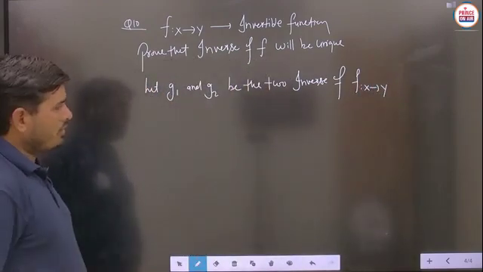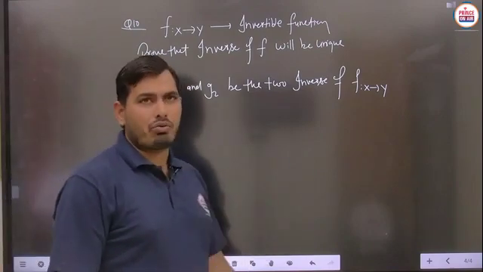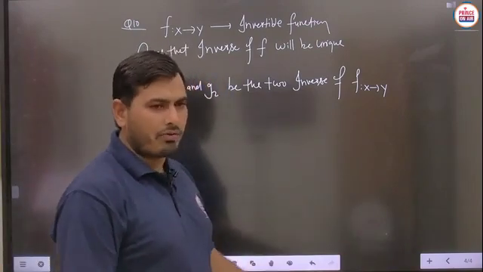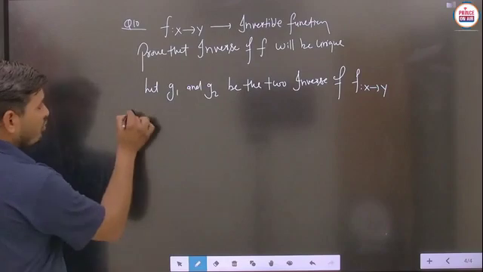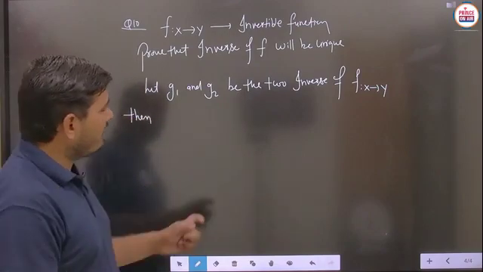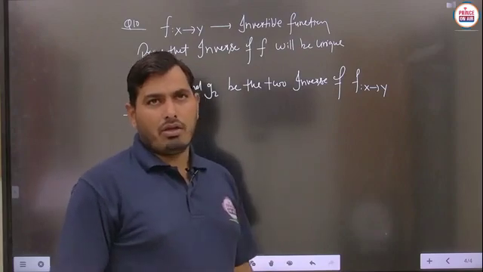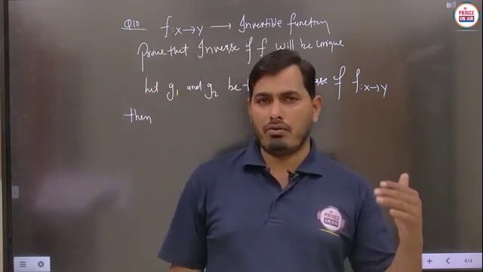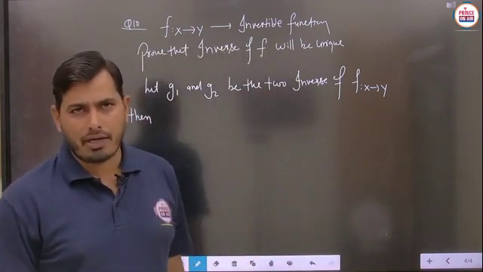So now student, G1 and G2 are said to be the two inverse of this particular function. Then you know very well the concept of inverse. If G1 and G2 are the two inverse, then fog y and gof y both are said to be the identity function.